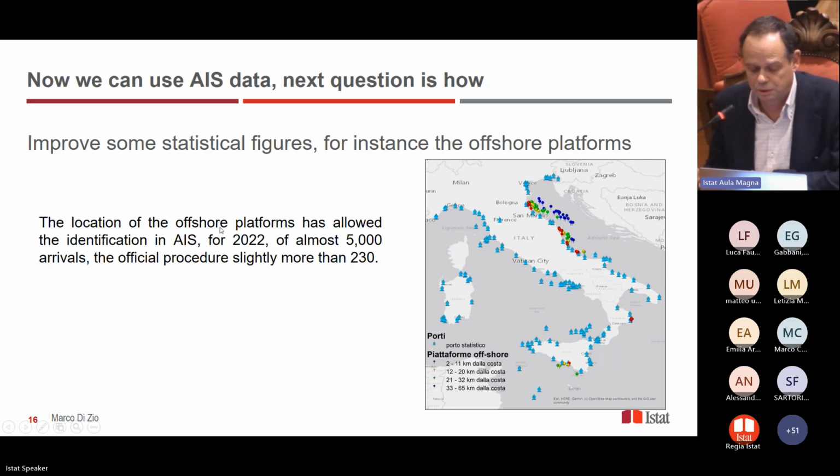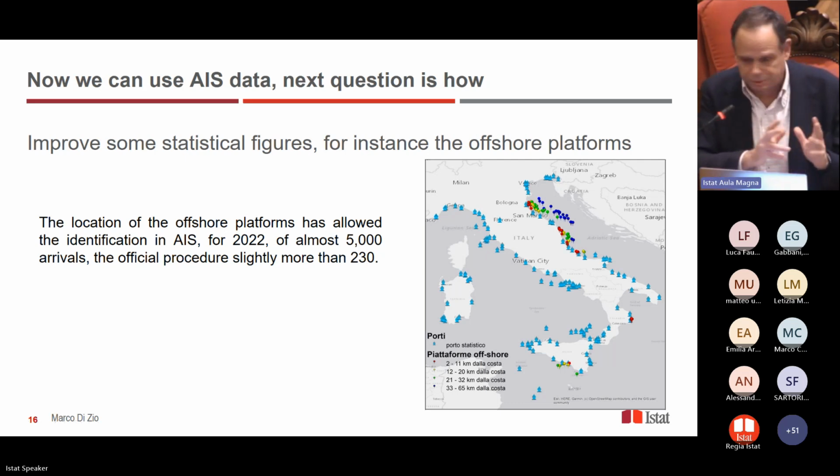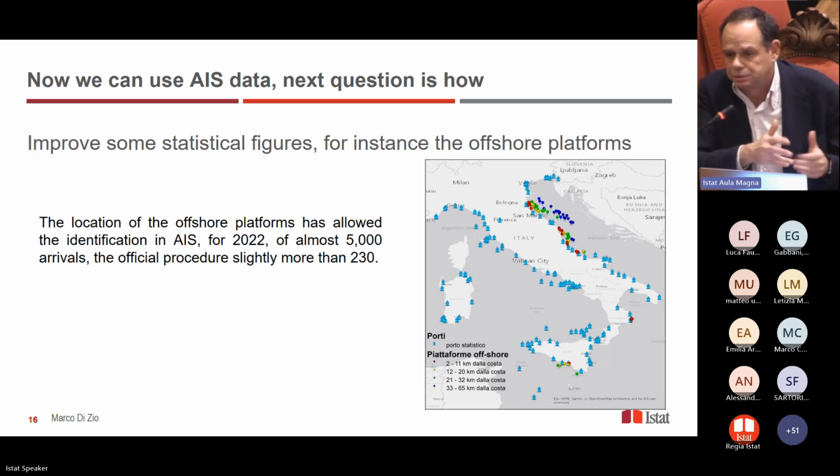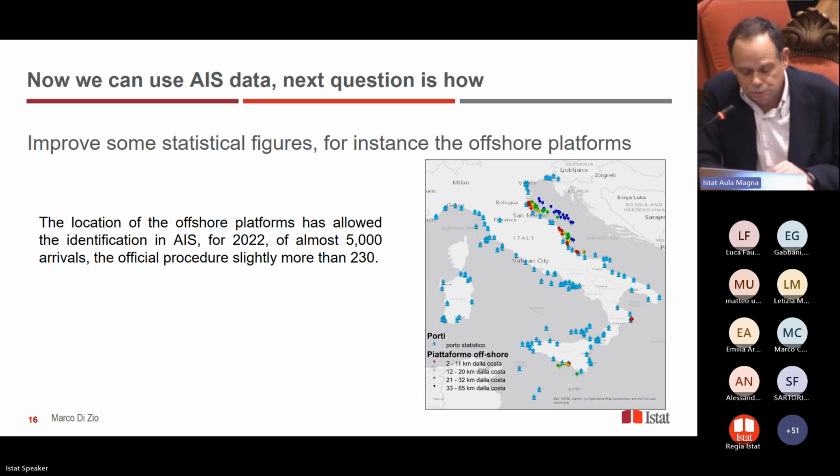The location of the offshore platforms has allowed the identification in AIS for 2022 of almost 5,000 arrivals. The official procedure, slightly more than 230. Because these are particular, I don't want to say ports, but particular places that our survey is not able to deal with in a proper way.